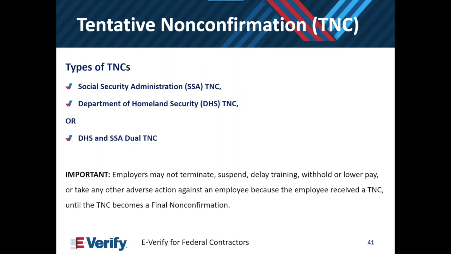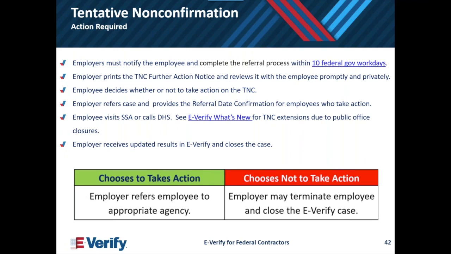What you need to do when you receive this result from the system is notify that employee. You need to complete this referral process in the system within 10 federal government workdays. So let's say they get that TNC, you see it in the E-Verify system. You then print out what's called the further action notice, which is completely pre-populated. It gives that employee their information and their options to take action or not, and that is the employee's choice.